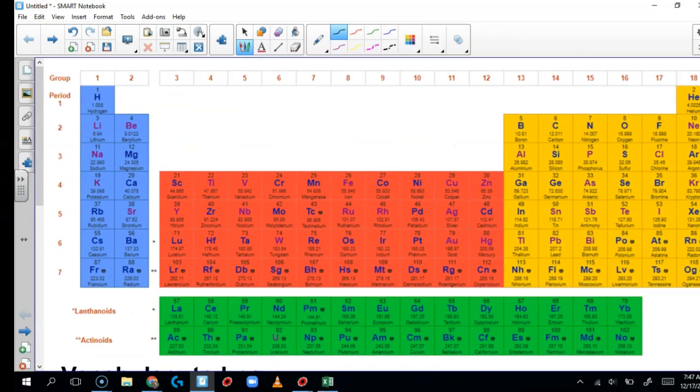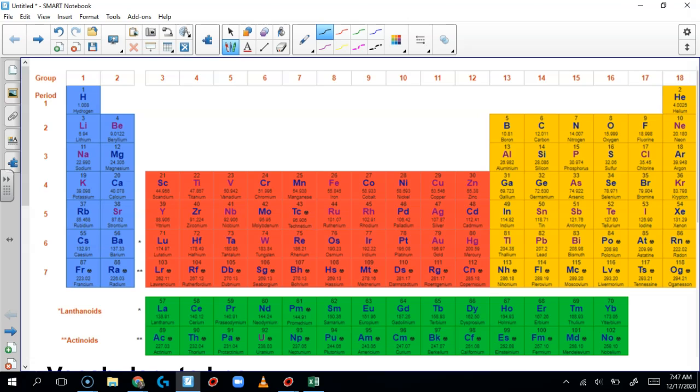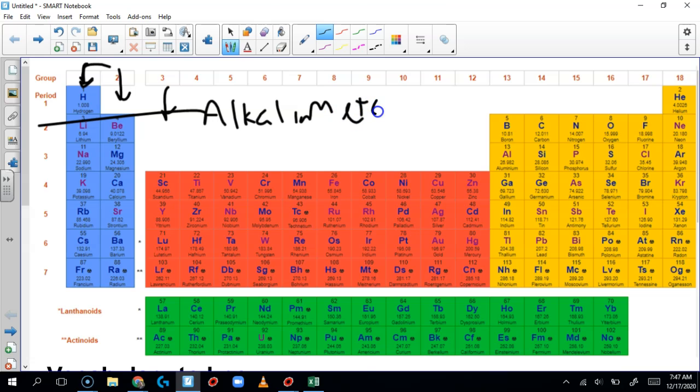The other couple of big organizing terms is families. The groups going across the periodic table not only have numbers, but some of them have names. So we call some of the groups by certain family names. For example, group number 1 has a family name of the alkali metals, which is another phrase on your list of phrases to know.